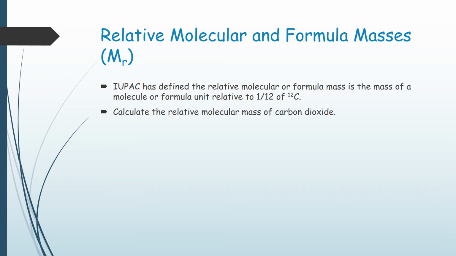This time what we're going to do is a relative molecular mass, and a molecular mass is for molecules and formula masses. Now formula masses are for ionic formula units.